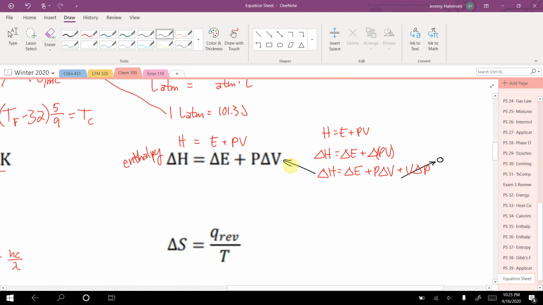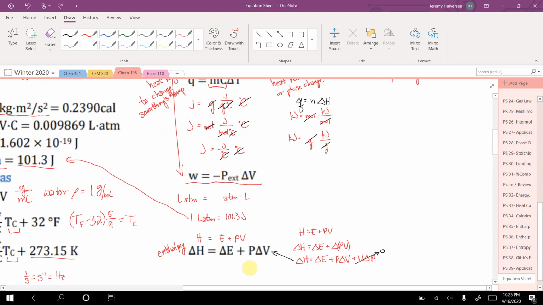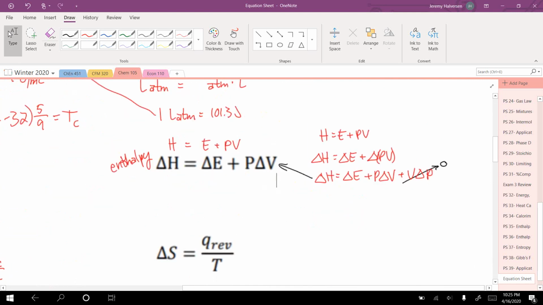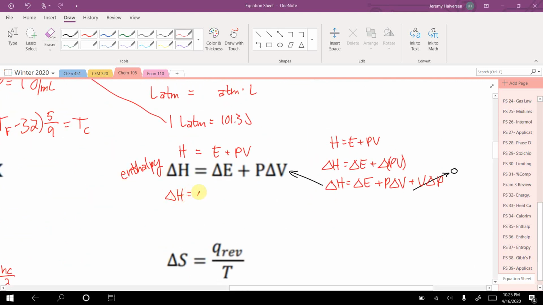So this is to calculate the change in enthalpy if you know the energy and the P delta V. The other thing that's useful about this is that we know that delta E is Q minus P delta V. So I could replace this as delta H equals, delta E is Q minus P delta V, and then plus P delta V. And you should notice my P delta V's cancel, and I'm left with delta H equals Q, which just means enthalpy, which normally consists of a bunch of different stuff, and it's kind of a complex thing to get your head around.